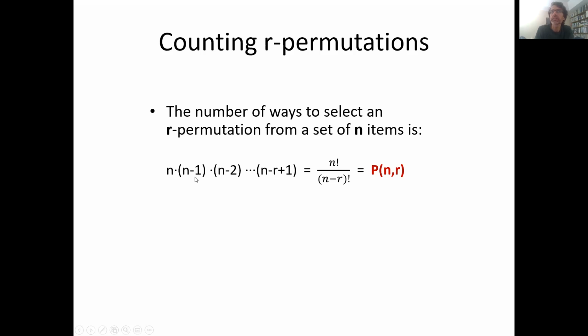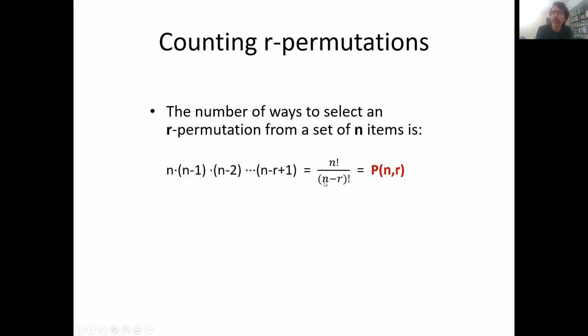If you look at this, it's a product of sequential integers going down from N, R integers in all. This is the same as taking N factorial and dividing out all the products that are missing here, which is N minus R and smaller.